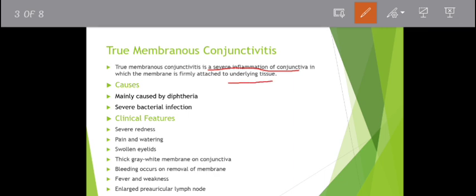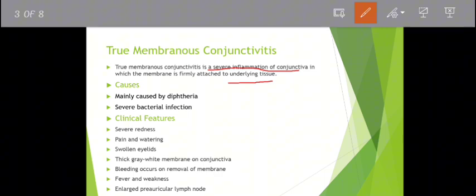The key point is that because it is a severe inflammation and firmly attached to the conjunctival tissue, its removal causes bleeding. In pseudomembranous conjunctivitis, there is no bleeding during removal.